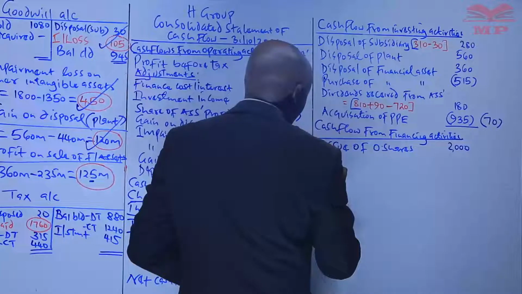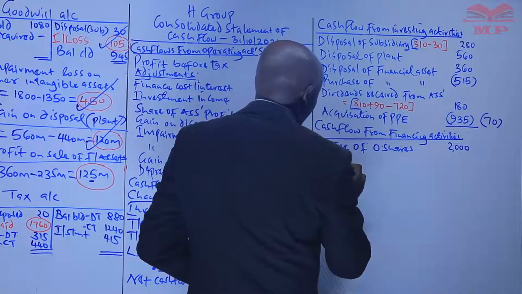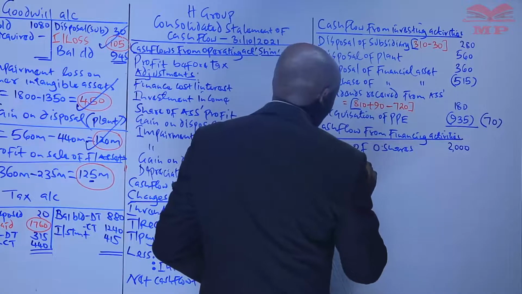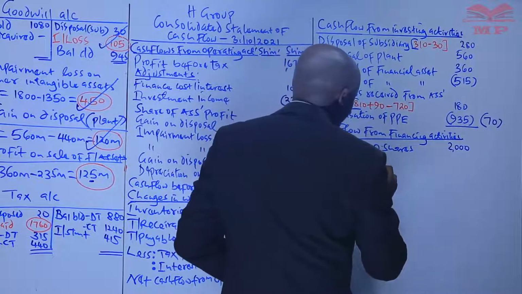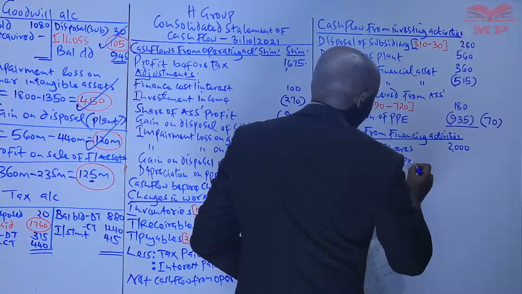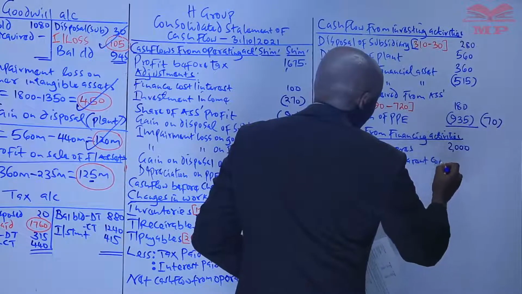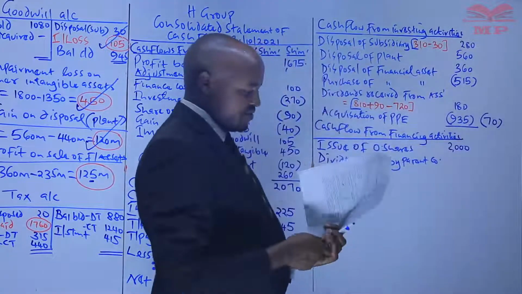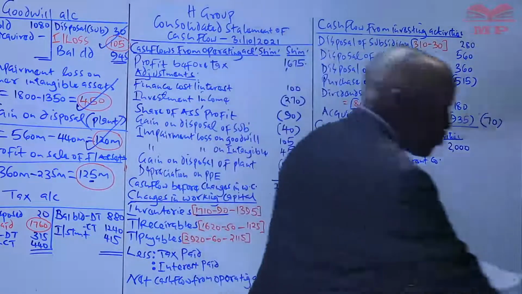Now the retained earnings, we use that in computing something called dividends paid by the parent company. How we compute these dividends paid by the parent company is quite simple.